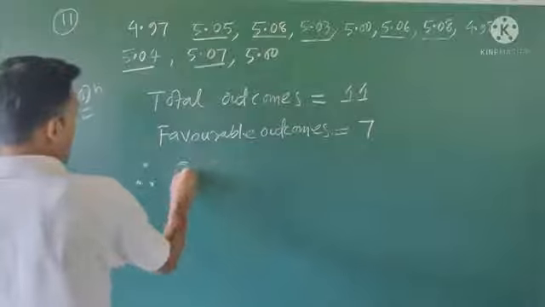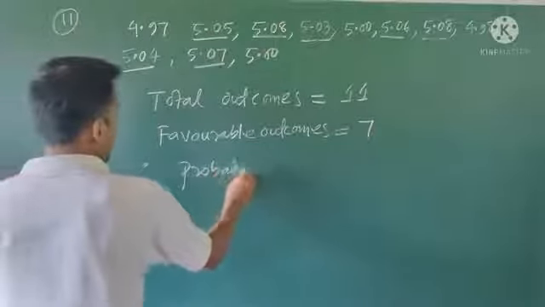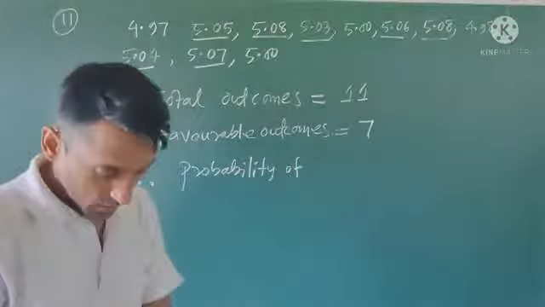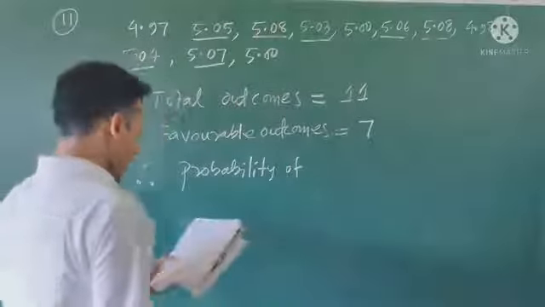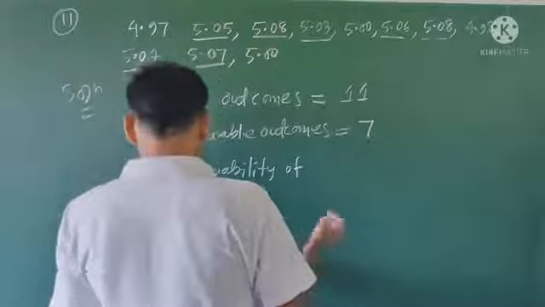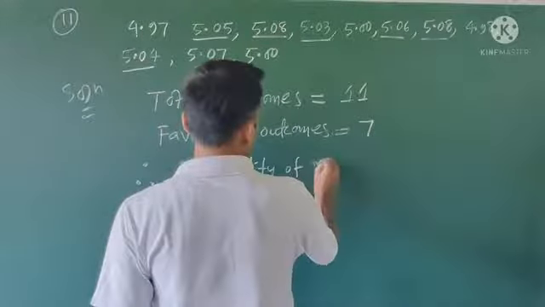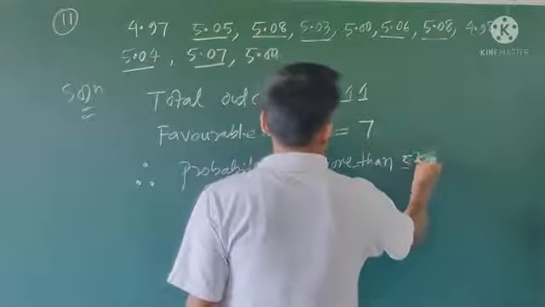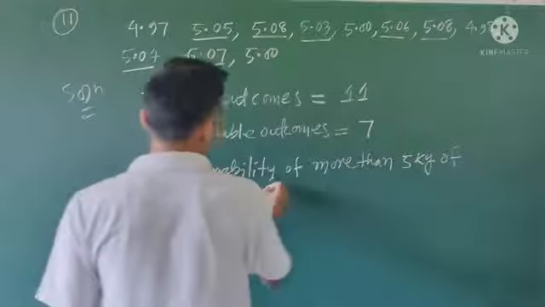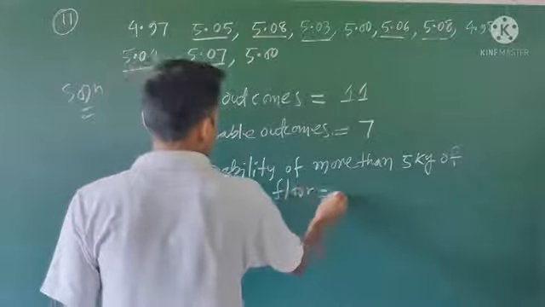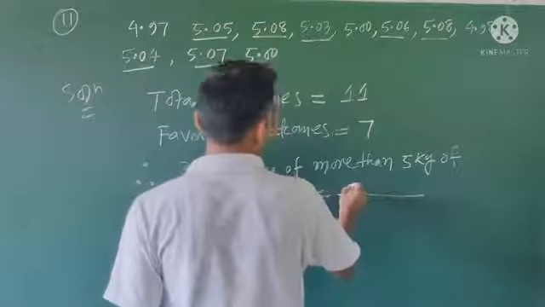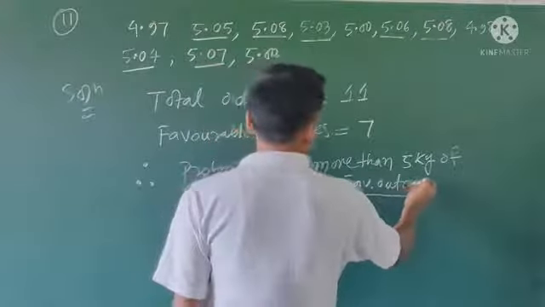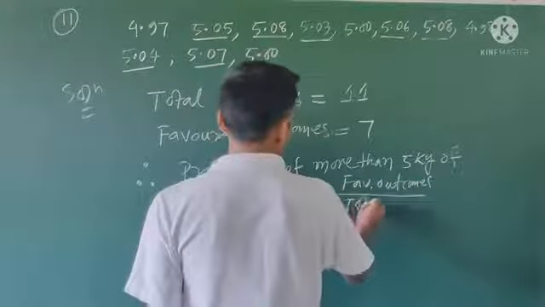Therefore, the probability of more than 5 kg of flour is favorable outcomes divided by total outcomes.